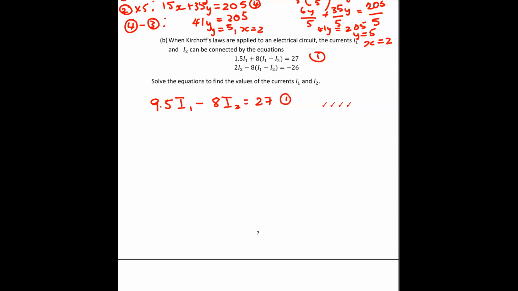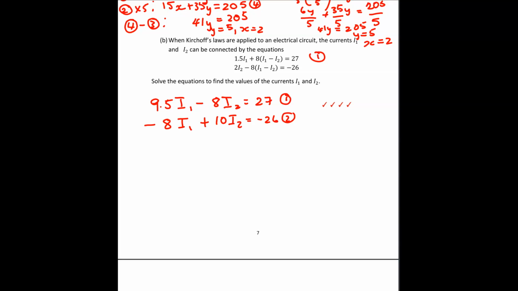So I haven't done anything, I've just expanded the brackets and tidied it up. And the second one, I'm going to get rid of my brackets but just rewrite it in a different order, and then I would get negative 8 I1 plus 10 I2. Some of you missed the minus, and that will give you negative 26.